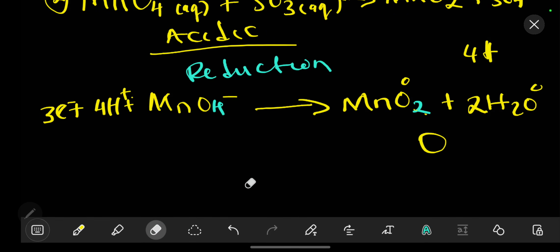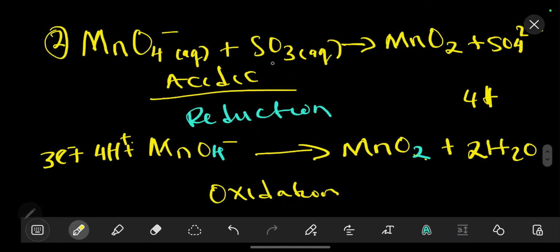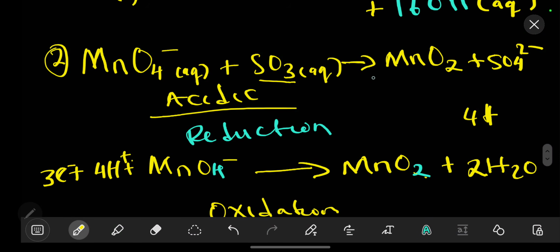So from there, if this is reduction, the other one will be our oxidation. For our oxidation, we have our SO3 to become SO4. Do we have a charge there? 2 negative.